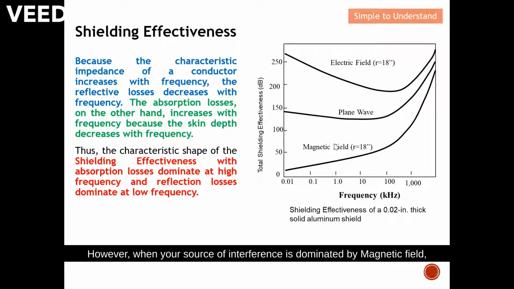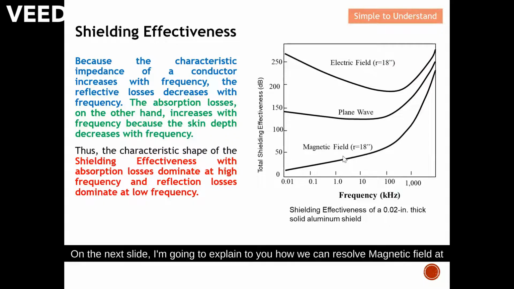However, when your source of interference is dominated by magnetic field, then you have some concern. Worse, if the magnetic field is at low frequency, you can see that at low frequency for magnetic field, you don't actually get much shielding effectiveness. In fact, you will have a bigger problem if the magnetic field occurs at low frequency.